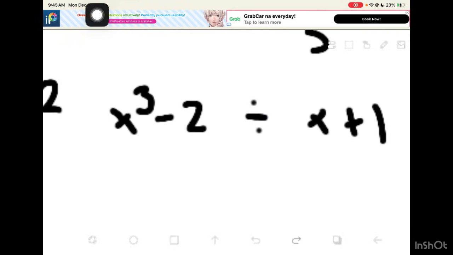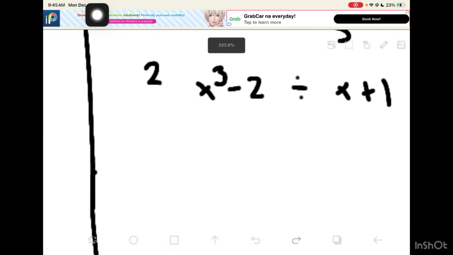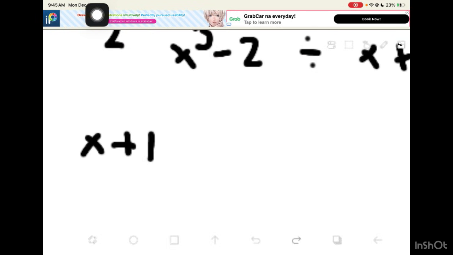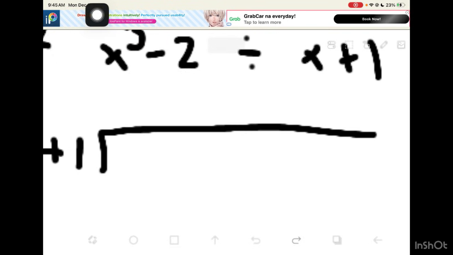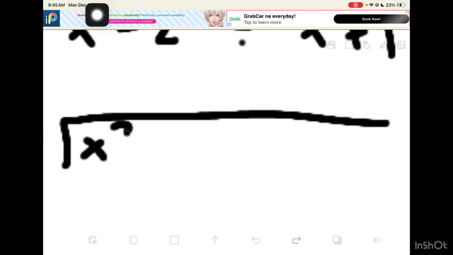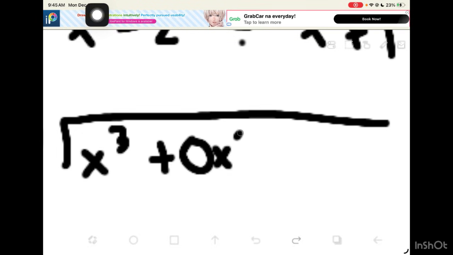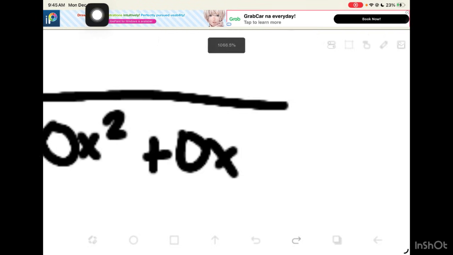We have no x squared and x. You can't just do that because it will result in an error. We still need all 4 terms. So we just substitute with 0 until we have the complete list. So x cubed plus 0x squared plus 0x minus 2.